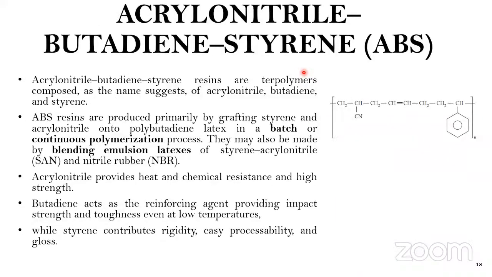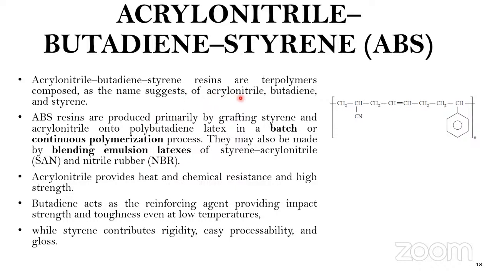Next, the copolymer we have is known as acrylonitrile butadiene styrene. So what happens in acrylonitrile butadiene styrene? It is a combination, or the copolymerization, of three polymers. What are they?